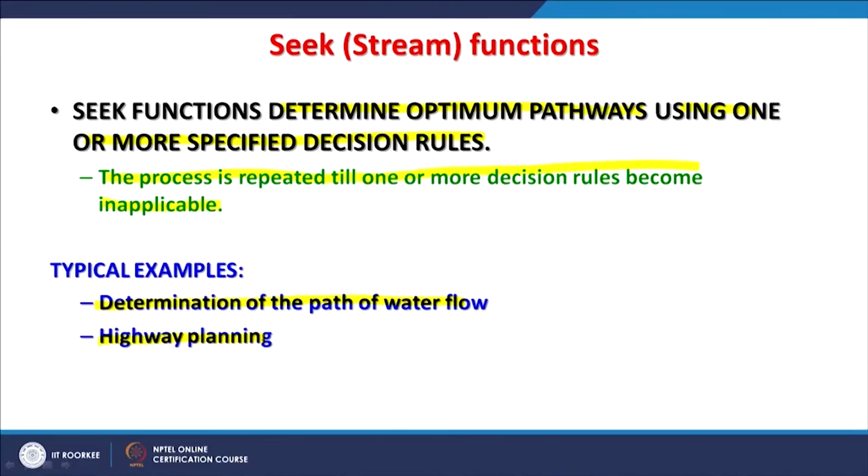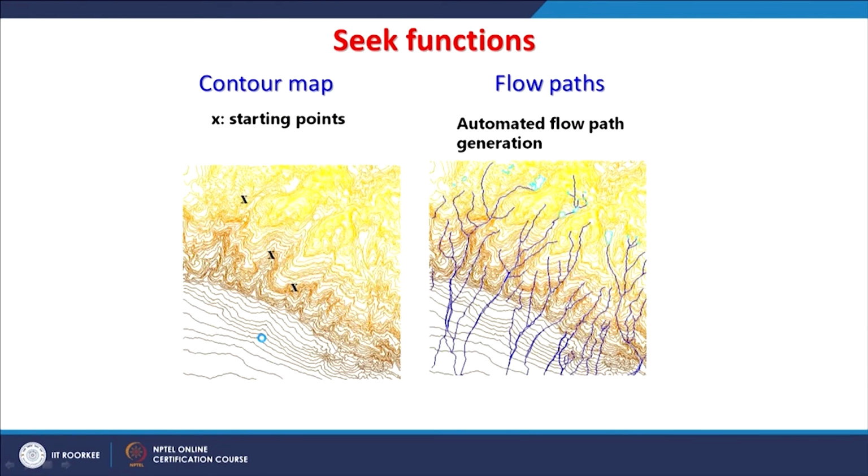In highway planning also, these seek functions can be used to a large extent, and an example is given here. These are my starting points over my terrain, which is shown in the form of contours, and automated flow path generation can be done.